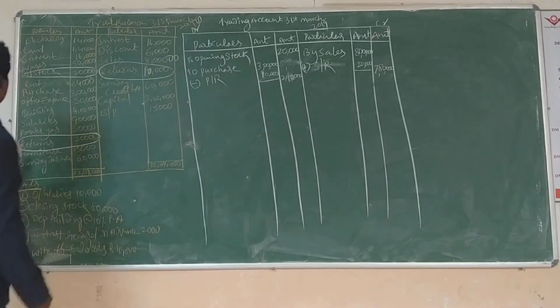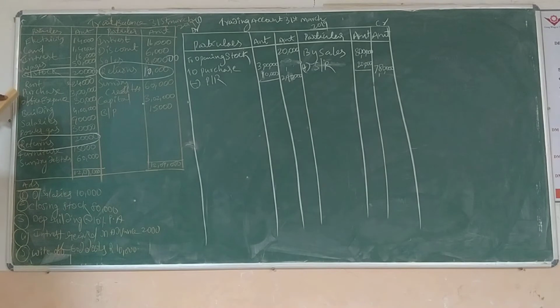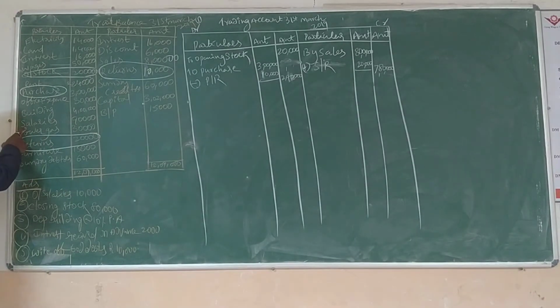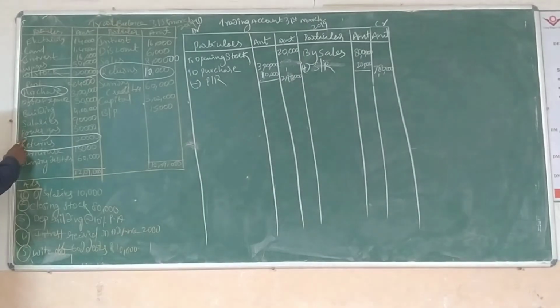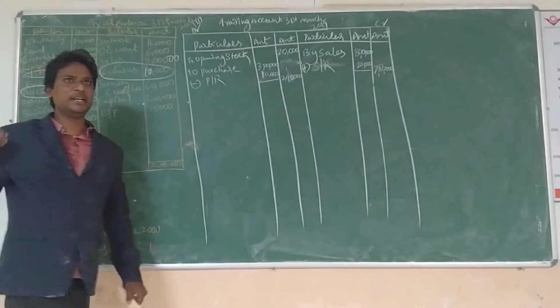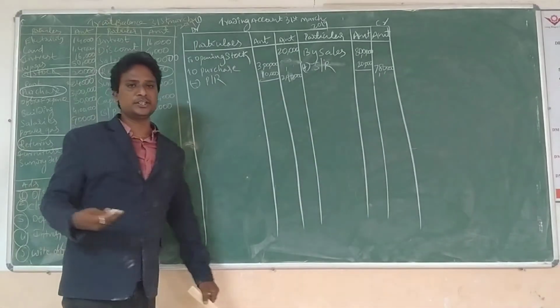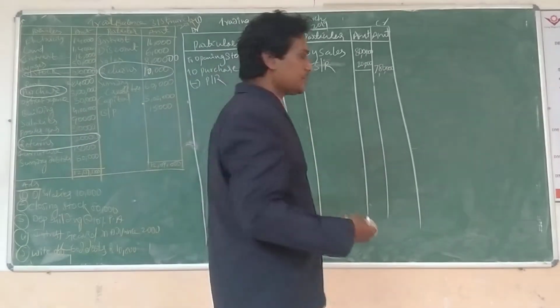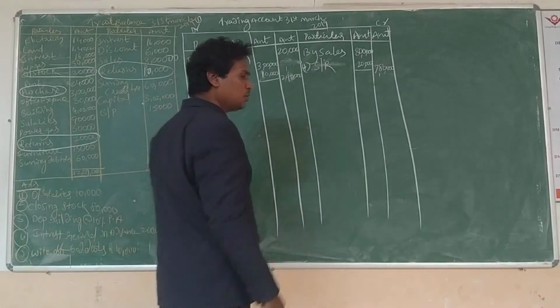Next one, rent. This is an indirect expense. Purchases are over. Office expenses are also indirect expenses, building is an asset, and salaries are indirect expenses. Power and gas, as I already said, relate to manufacturing and factory level, where power converts raw material.